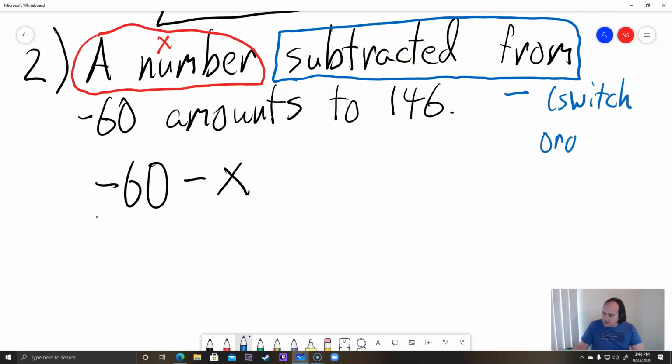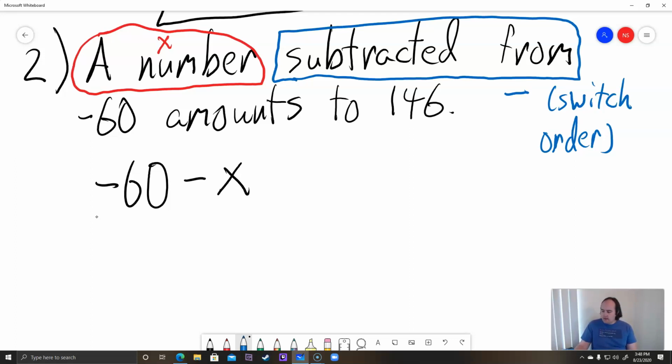And you don't always switch the order. It's just certain English phrases like subtracted from where you switch the order. So you might think it would be x minus -60, but because it says subtracted from, it switches the order around, and it's actually -60 minus x. So that's a little bit of a tricky English thing there.